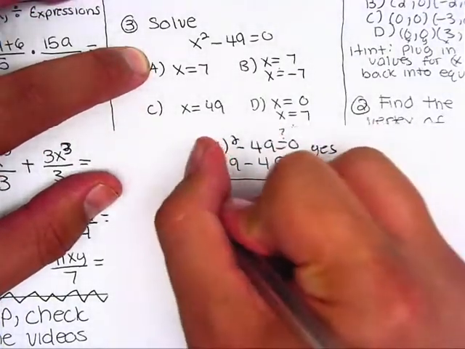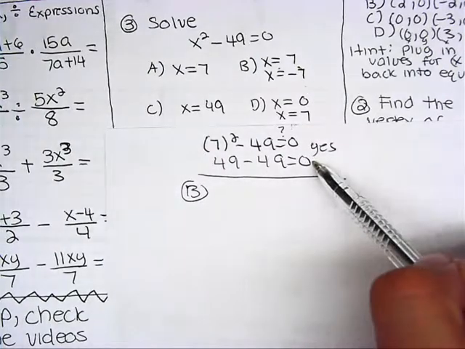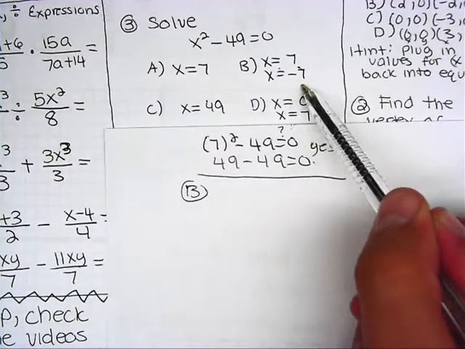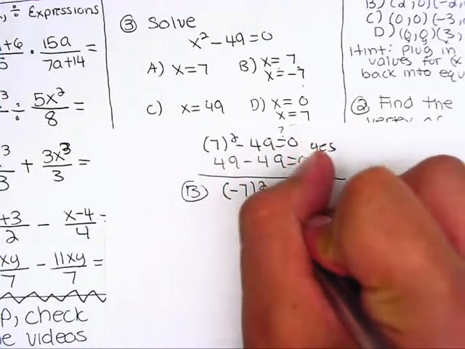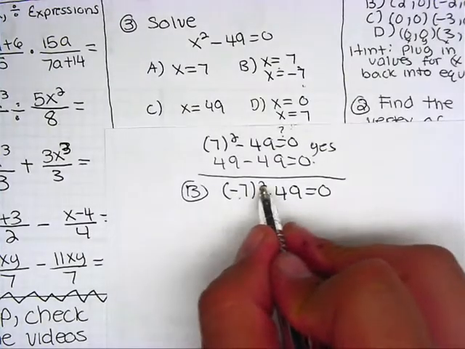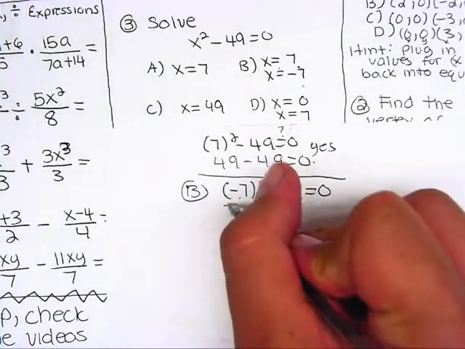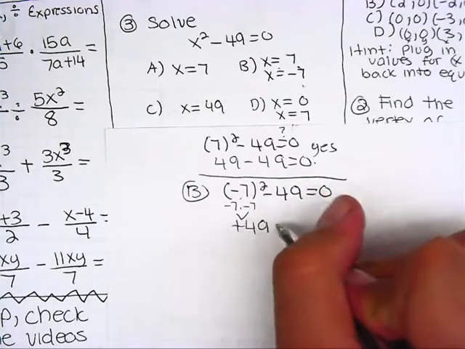Let's try B. I know that x equals 7 does work. I just did the work right here. Now I'm going to plug in negative 7. Negative 7 squared minus 49 equals 0. Negative 7 squared is the same thing as negative 7 times negative 7, which is equal to positive 49.